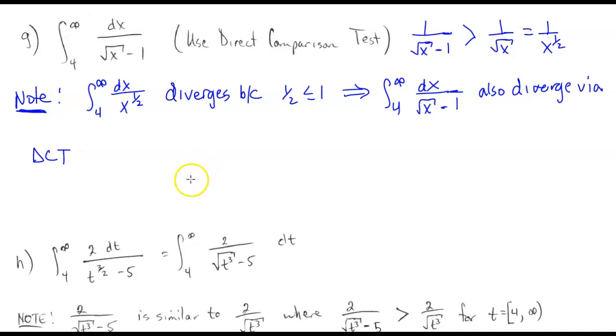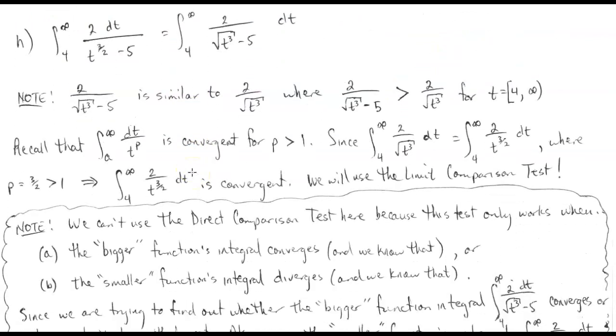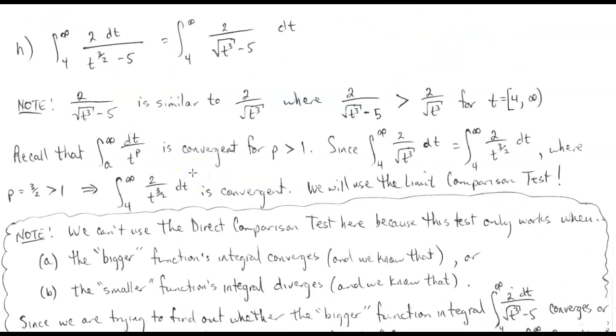All right, so let's look at example H. So example H, we have the improper integral of 2 over t raised to 3/2 minus 5 dt evaluated from 4 to infinity. Okay, and of course here we can rewrite this in radical form, and we know that our actual integrand here is closely related to 2 divided by square root of t cubed.